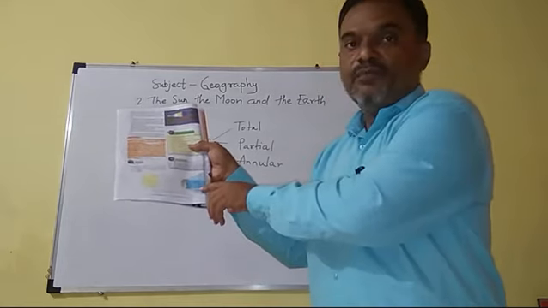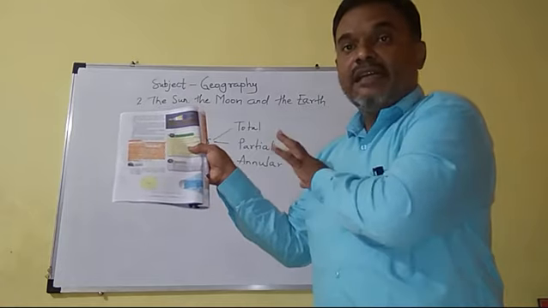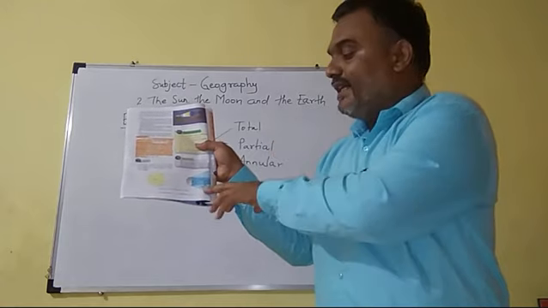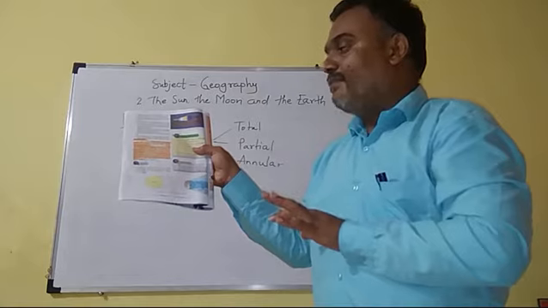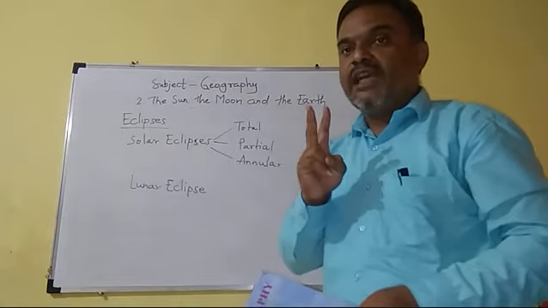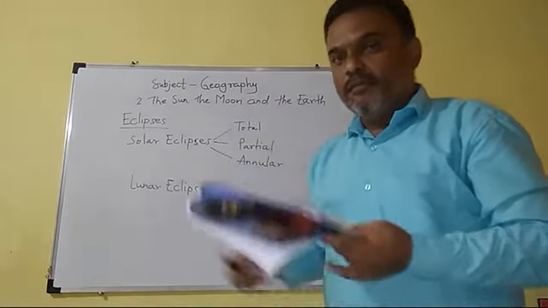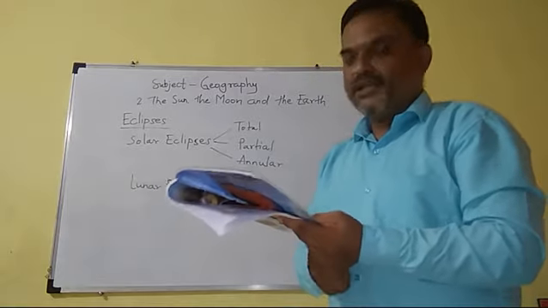And when part of the moon is in the dark shadow of the earth, we see partial lunar eclipse. So there are two types of lunar eclipse: total lunar eclipse and partial lunar eclipse.